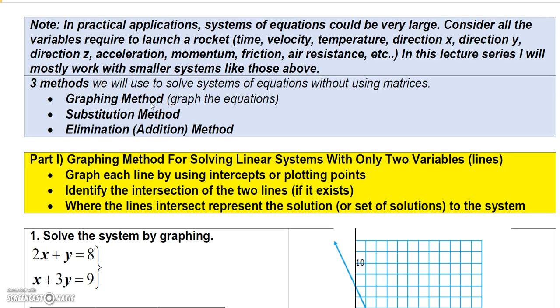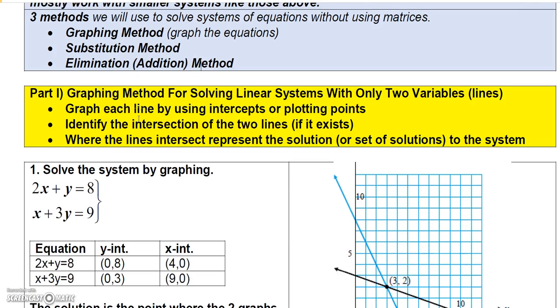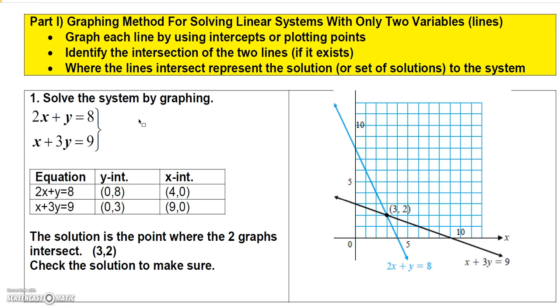Three variable systems, you could try to graph them, but that would require some artistic talent, so we won't try to graph three variable systems. You can solve systems also by the substitution method and also by the elimination or addition method. So let's start with solving a system by graphing.